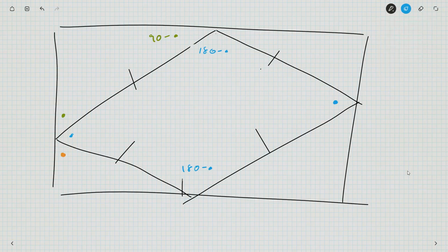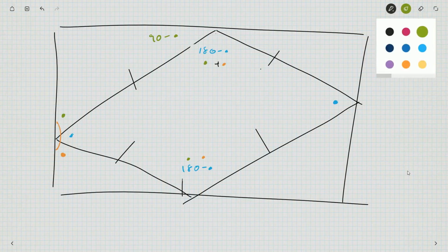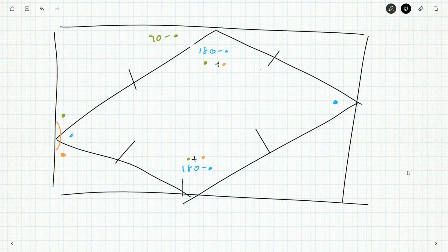Okay, but 180 minus the blue dot is green dot plus orange dot, because they form a line over here. So I'm going to have green dot plus blue dot in the corner here. So I got 90 minus green dot. Well, if I add on green dot, I get 90 minus orange dot left over.